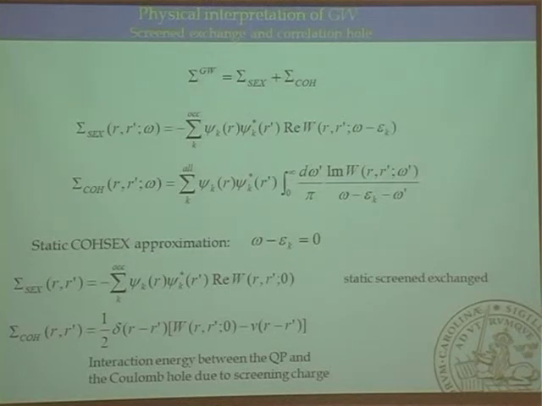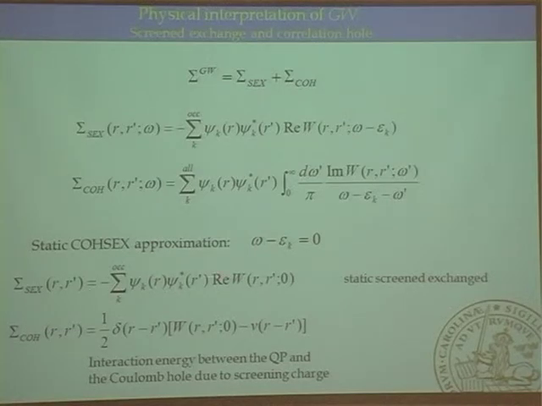It's typically very high in energy compared to the quasi-particle energy. To a good approximation, actually this is not a very good approximation, but anyway we will do this, we set this to 0, and if we do that, these summations become an identity, and we get the following expressions.